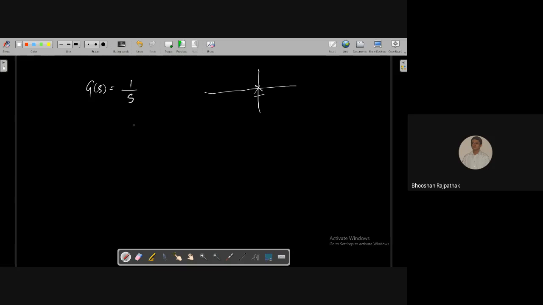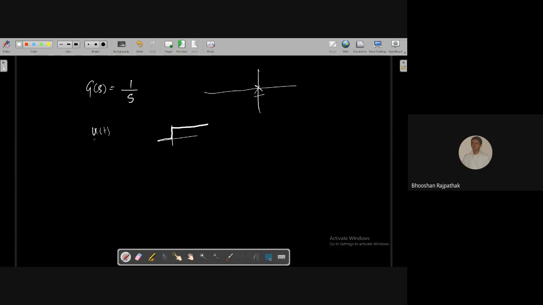for a stable system, if you apply a bounded input, you should get bounded output. Okay. So if this is your transfer function, then if my input u of t, I apply step input. My input is this step input u of t.